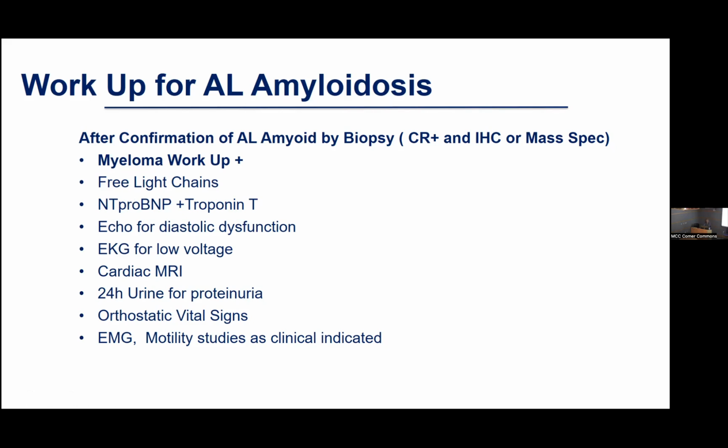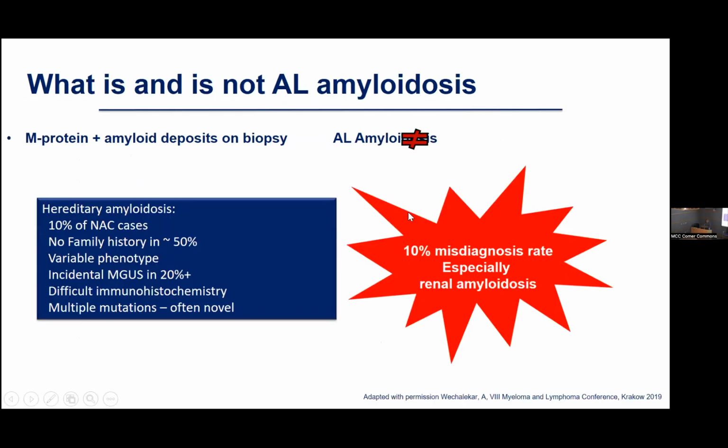We used to get echoes. Our cardiologists here tell me to get cardiac MRIs. They like it, so I trust our cardiology service. So you've got to get that 24-hour urine. And then I pull up that list from the NCCN and I specifically go through all these. I don't get colonoscopies and everything, but if I have any hesitation, I really want to accurately define organ involvement at diagnosis. Okay.